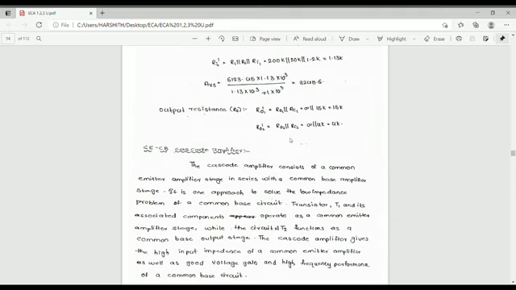Cascade means two CE stages connected in series. Cascode means CE and CB: the first stage is CE and the second stage is CB. The cascode amplifier consists of the common emitter amplifier stage in series with the common base amplifier stage.